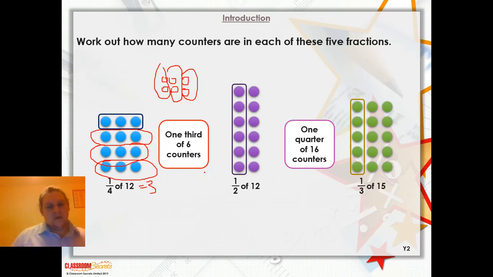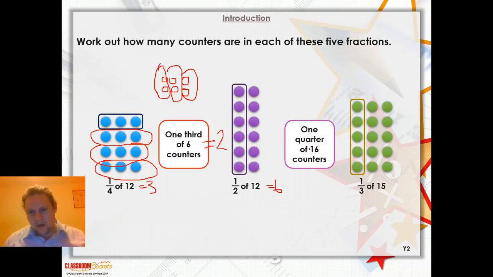Okay, so 1/3 of 6 counters is going to equal how many are in each of our 3 groups? 2. Okay, half of 12. We've got 12 counters here. We've got half of them circled. How many there? 1, 2, 3, 4, 5, 6. It's going to equal 6.